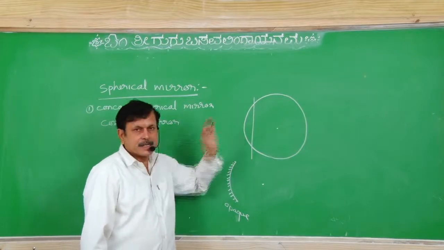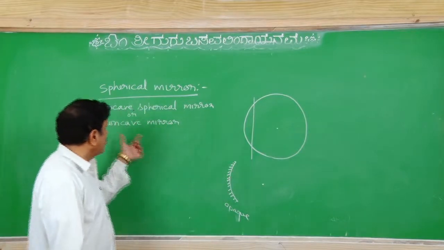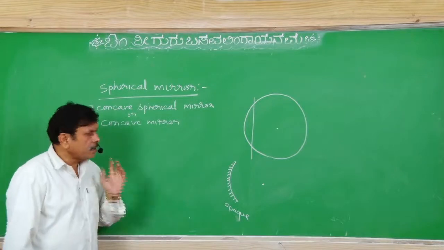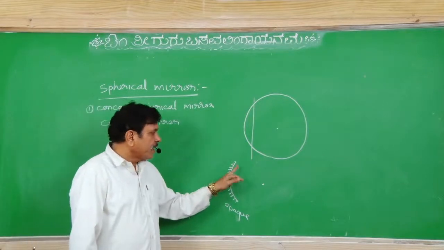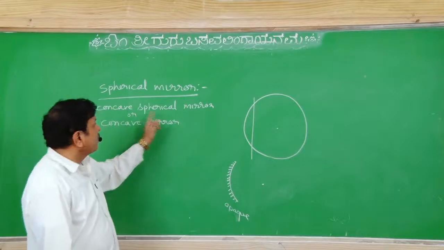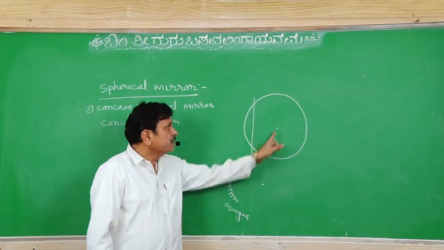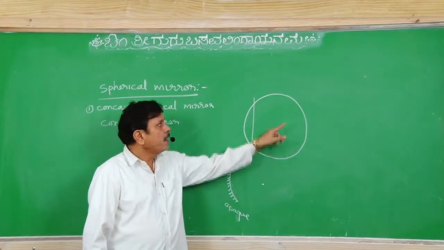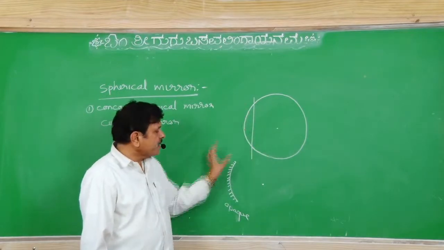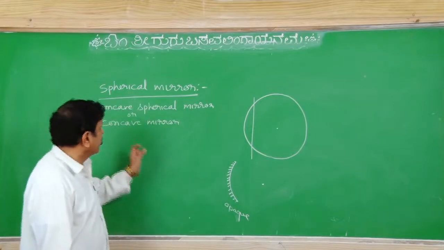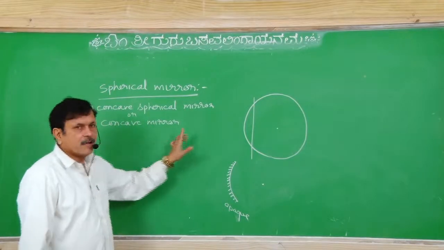If the reflecting surface of a spherical mirror is towards the center of curvature of the sphere of which it is a part, then such a thing is called a concave mirror.